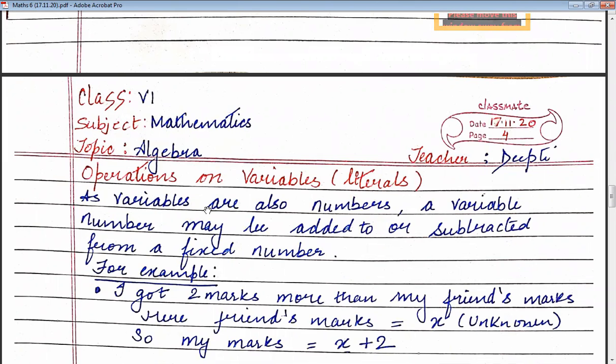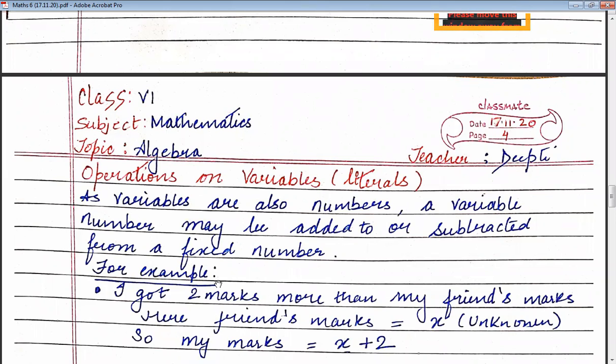As variables are also numbers, a variable number may be added to or subtracted from a fixed number. In simple language, you can add a number to a variable or you can subtract it from a variable also. Let's take an example.